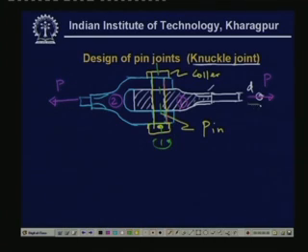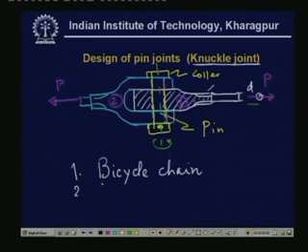Once we apply compressive stress here, it will just buckle. But if this pin is guided properly, then it can take some compressive load. This kind of joint is used very often in the bicycle chain. You have seen this kind of pin joint. Sometimes we use it in the tie rod in the roof truss.